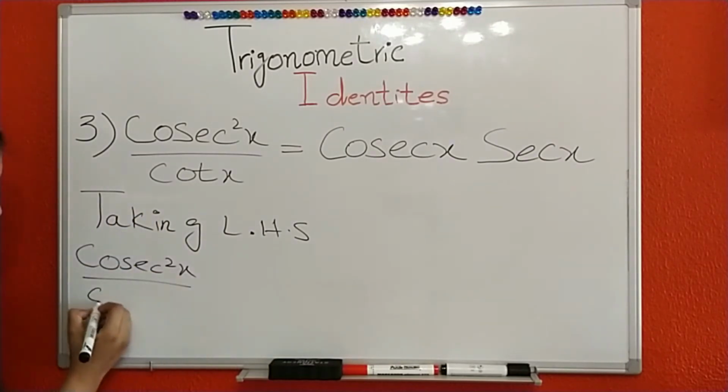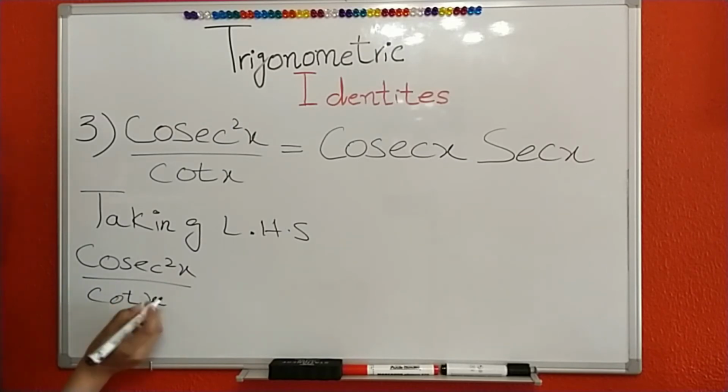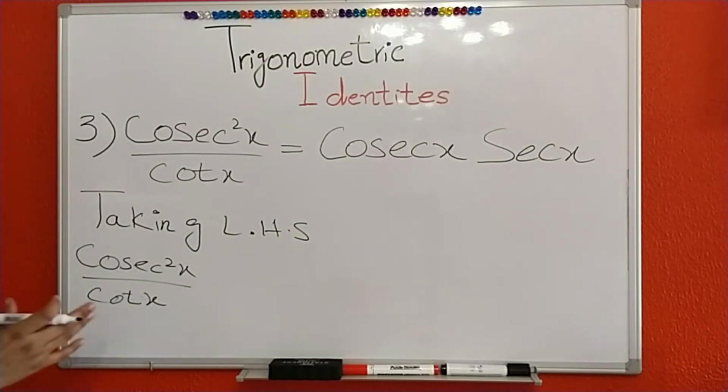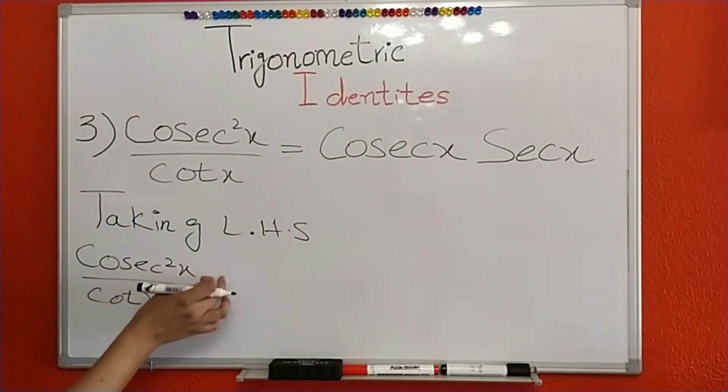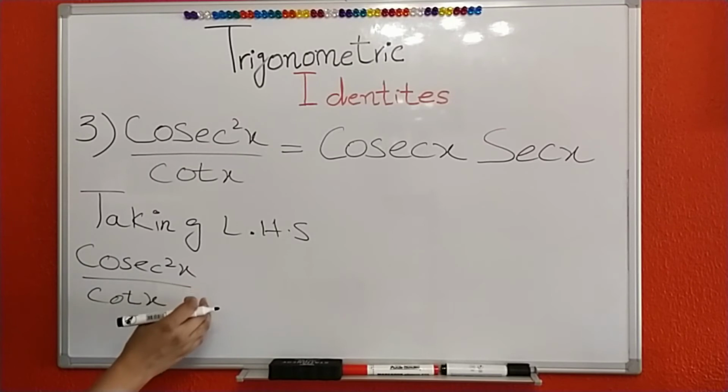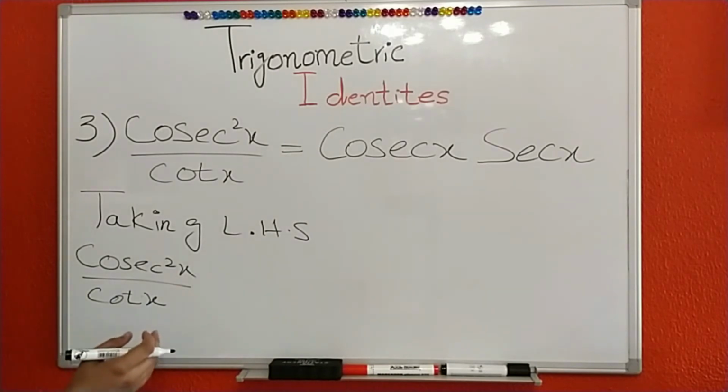Cosec² x over cot x. Now here I need to use two trigonometric identities. For cosec x, I need to use the reciprocal identity, and for cot x, I need to use the quotient identity.